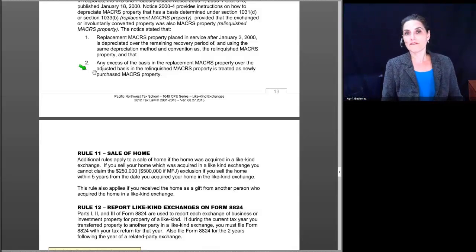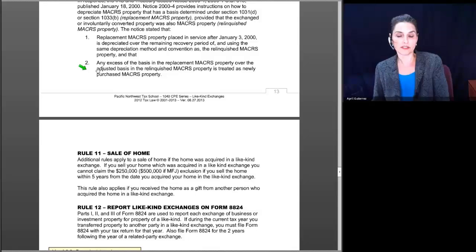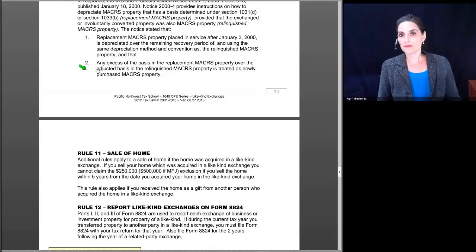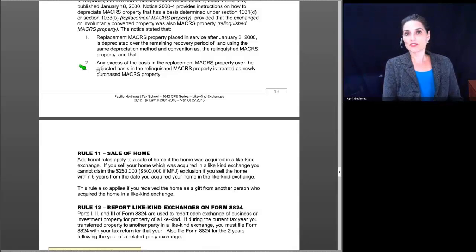So that means if it was 5-year property and it's 3 years into its life, that remaining basis will continue being depreciated for another 2 years until it's all used up. But any additional amount or boot brought to the table to pay for the additional cost of the replacement property, that will create a whole new line on the depreciation schedule, and the placed in service date will be the date of the exchange.